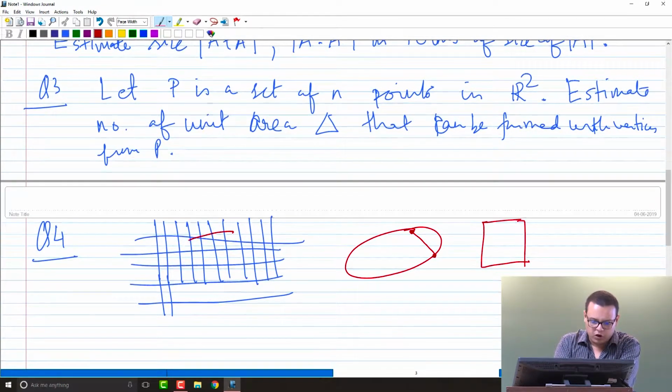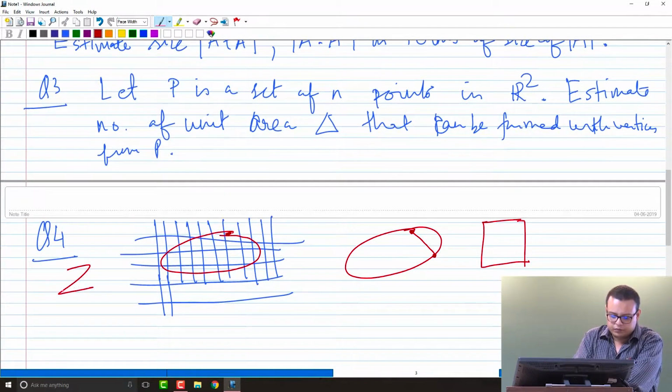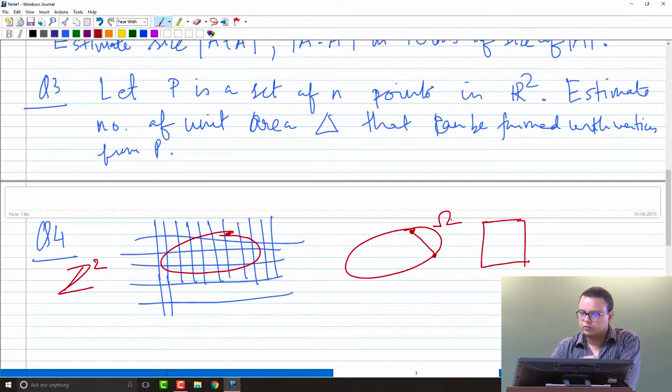So you have some strictly convex curve here. You want to estimate a number, so let's call this grid Z2. Okay. So the curve, let's call it omega. Now let's call the whole region omega, and the boundary of the curve as delta omega.